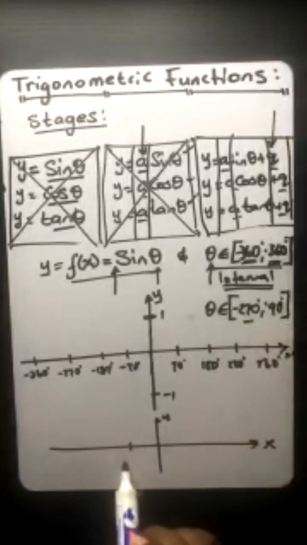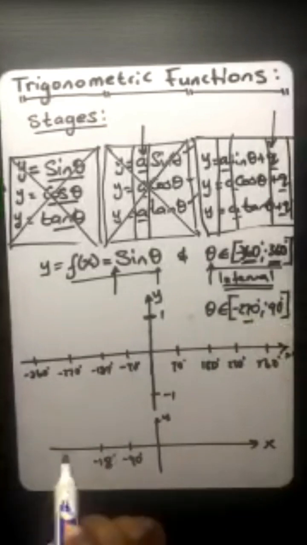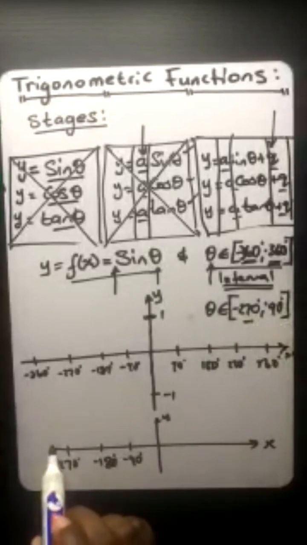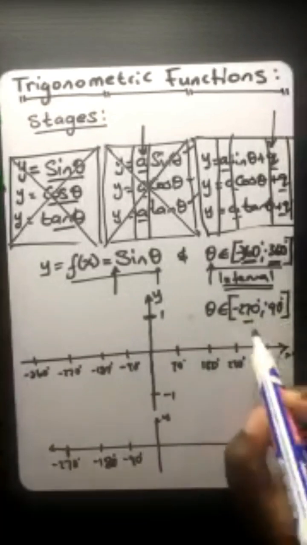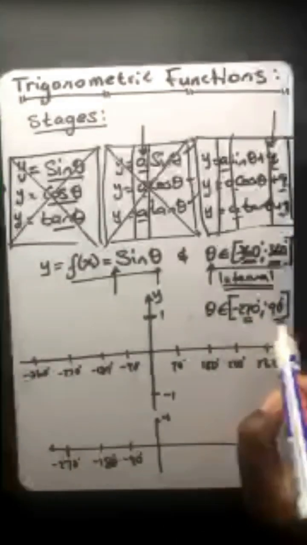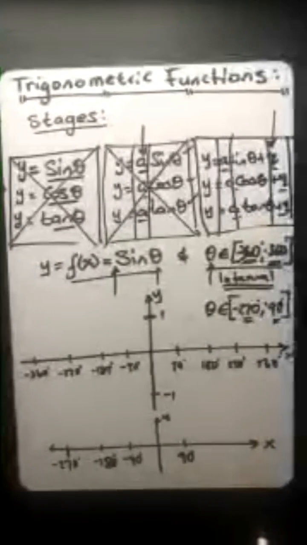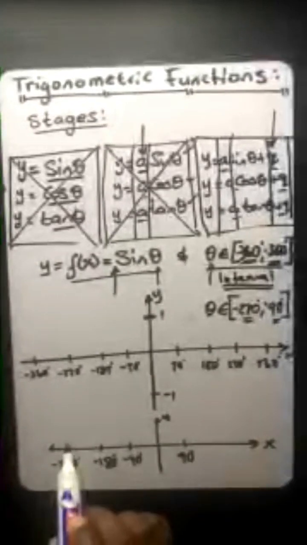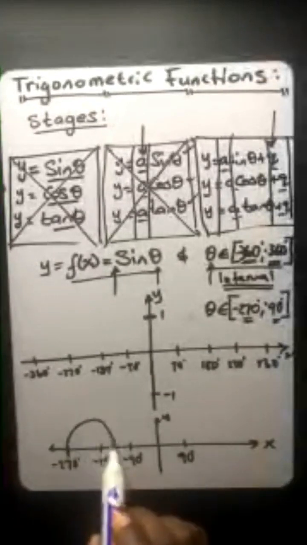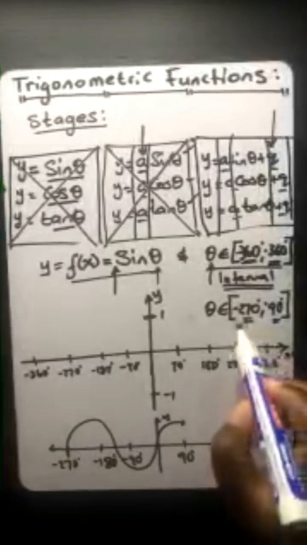So you're going to have negative 90 there, negative 180 there, negative 270. It ends there because that's what the interval says. On the positive side, it just ends at 90. So you're only going to have 90 there. Your function will start here and do whatever it does, but it's going to end there at 90. That's what that interval means.